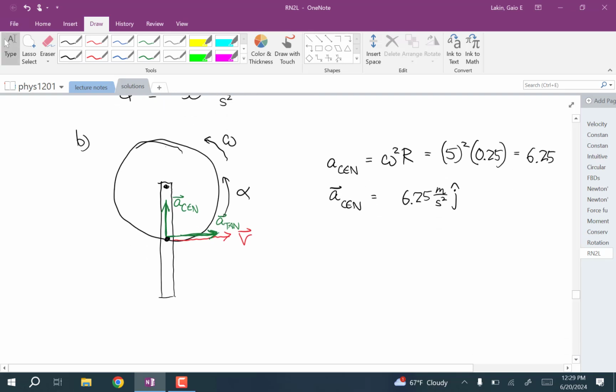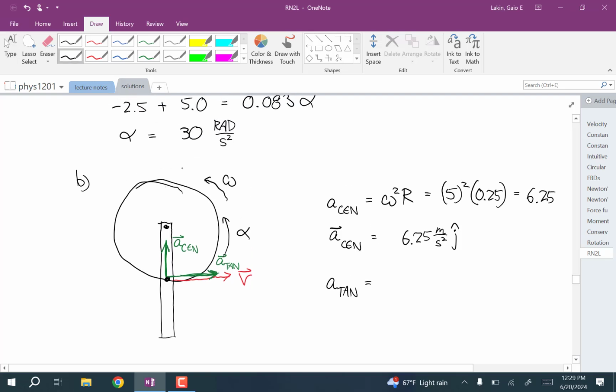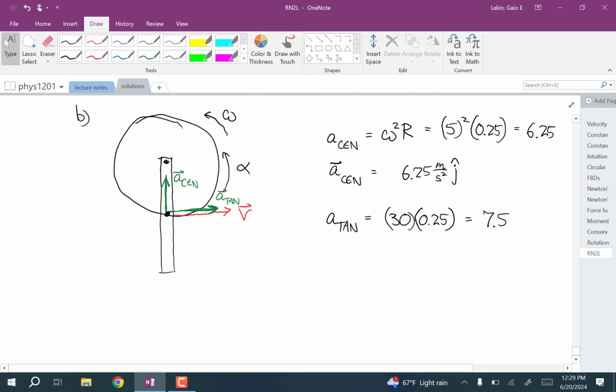Now do the same thing with the tangential acceleration. The magnitude is the absolute value of the angular acceleration we calculated times that same r. So that's 7.5 meters per second squared. You can see that that's in the positive i direction.